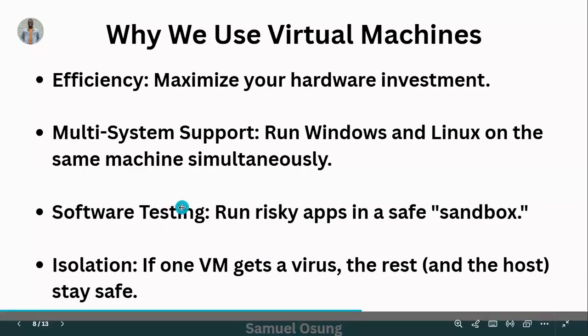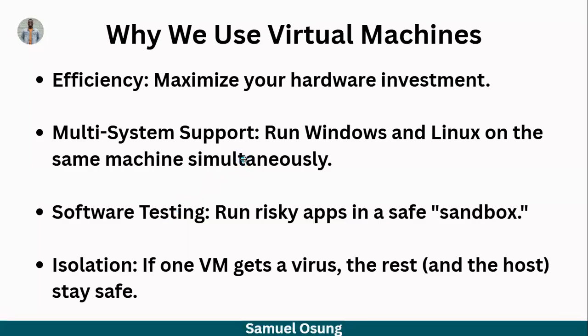Virtual machines also allow multiple systems on one computer. So in essence, you can run Windows, you can run Linux on the same machine simultaneously. Virtual machines help us to test software in an isolated environment. You can refer to virtual machines as a sandbox in which you conduct your software testing.